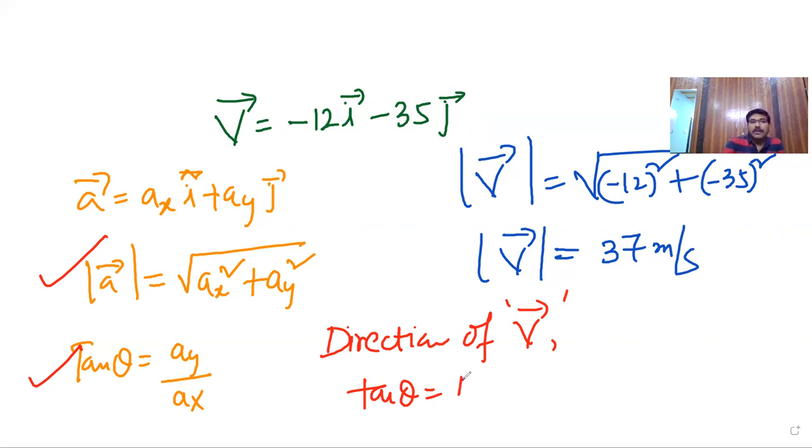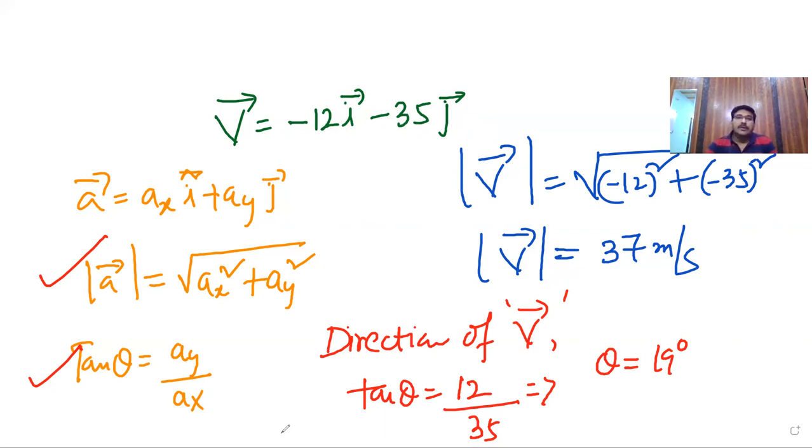So 12 by 35. It is tan inverse, 19 degrees. Leads to theta equal to 90 degrees. Is it clear?